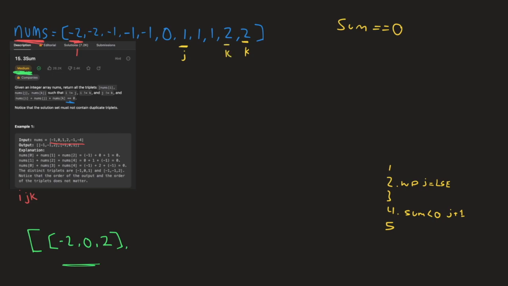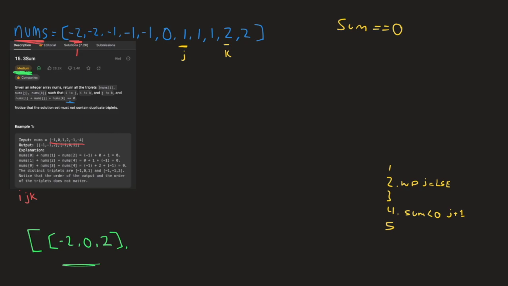Why exactly did we move J to the last same element?